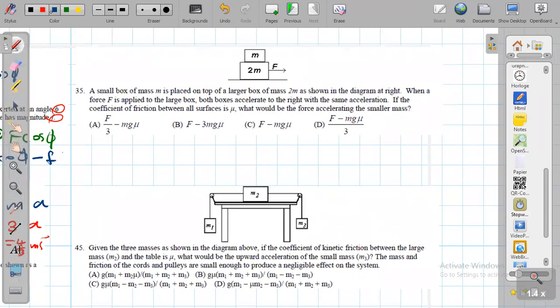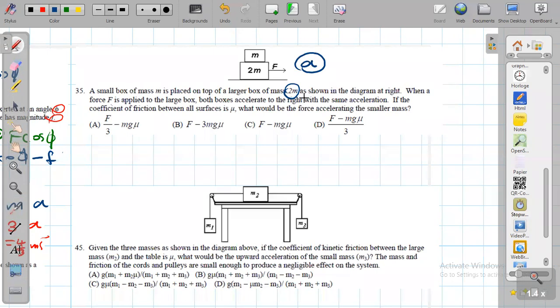Now in the third one, here, the small box of mass m is placed on top of the larger box of mass 2m, as shown in the diagram at right. When the force F is applied to the large box, both boxes accelerate to the right with the same acceleration.